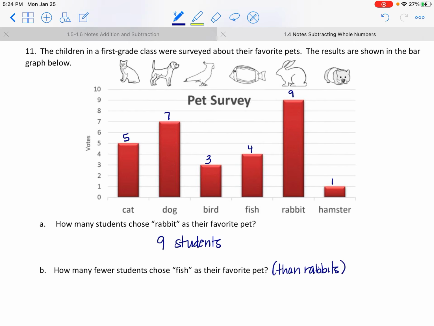So how many fewer chose fish? That means let's find the difference. We had 9 students that chose rabbits. If we subtract out the 4 students that chose fish, then we have a difference of 5 students. So 5 fewer students chose fish.